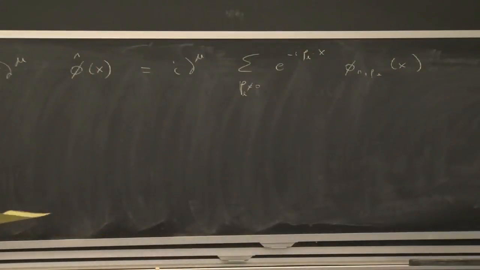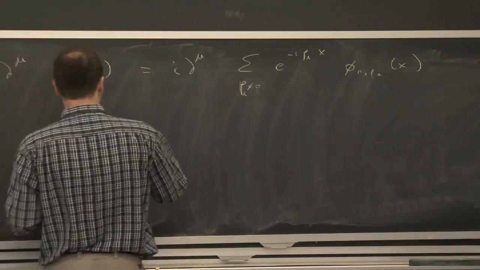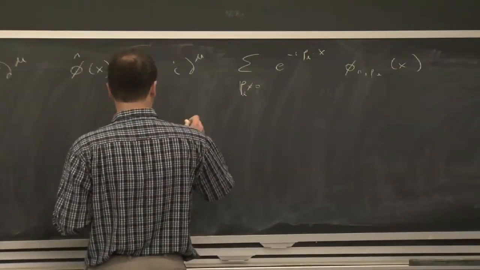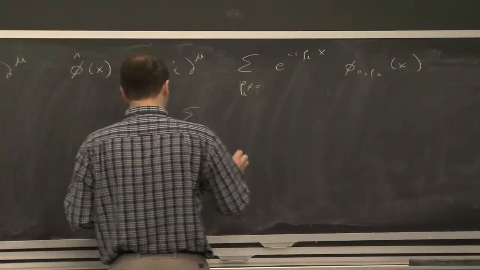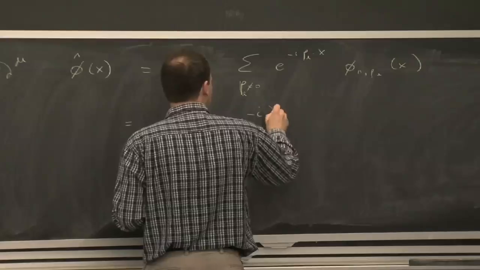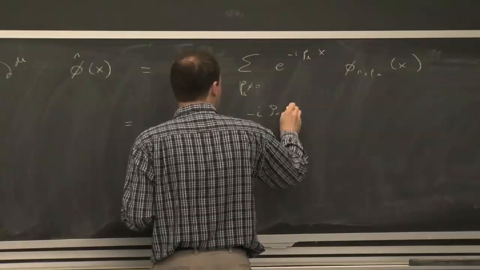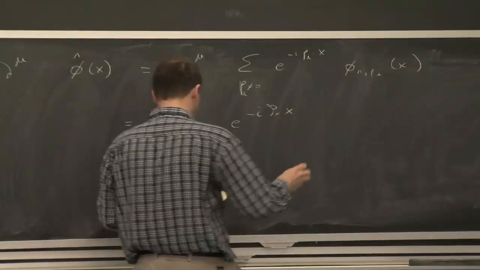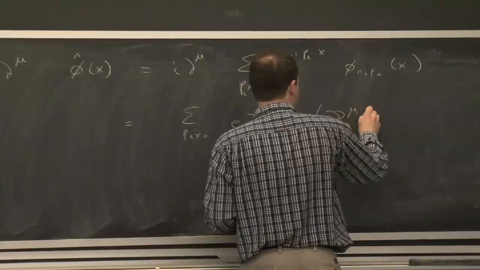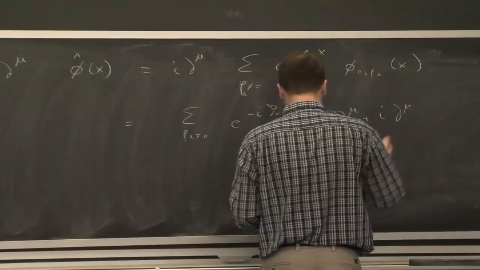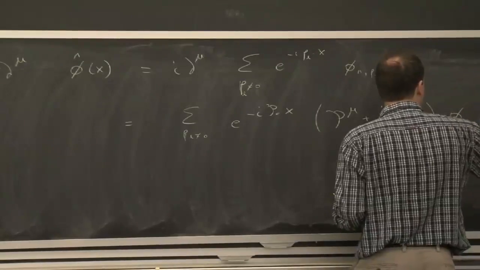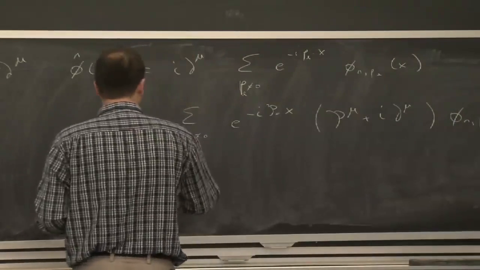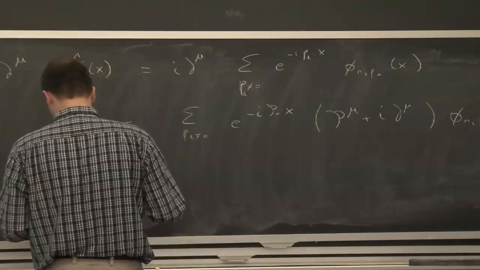And so there's two contributions from this derivative. It either hits the phase or it hits the field. And so if we go over to the label operator, we can write this partial derivative as a sum of two derivatives, which then we can take the sum over P_L inside and write it as.